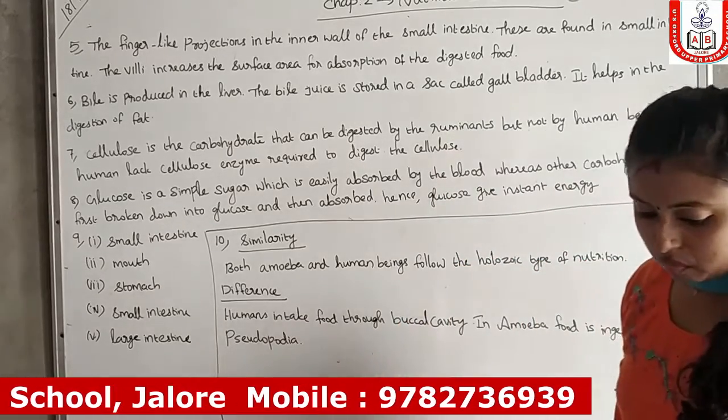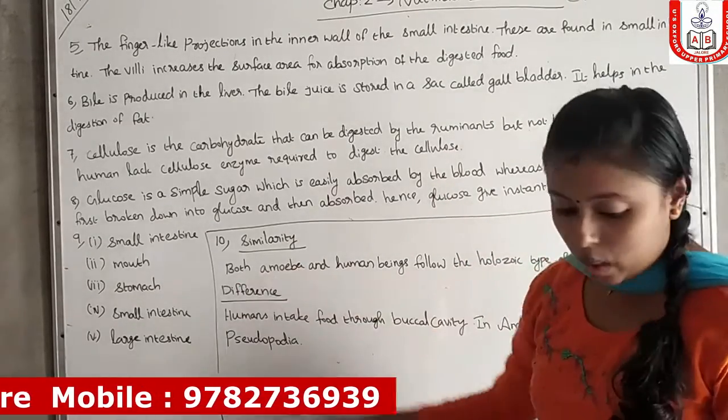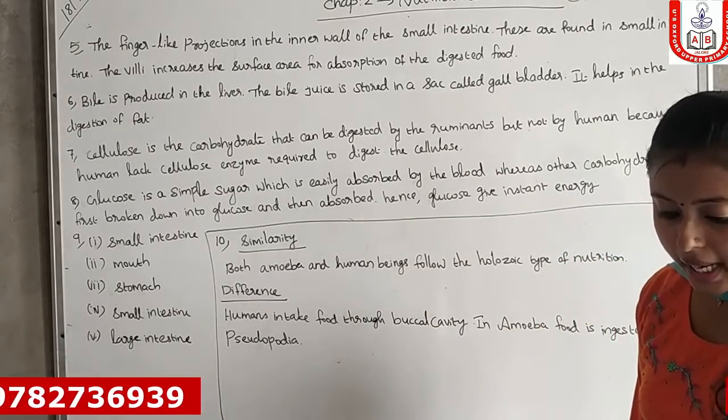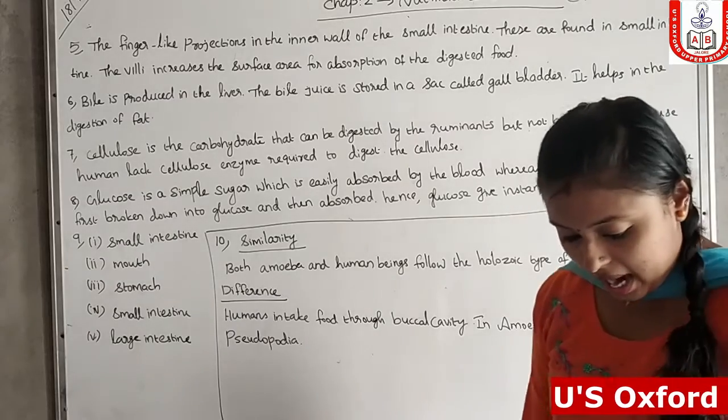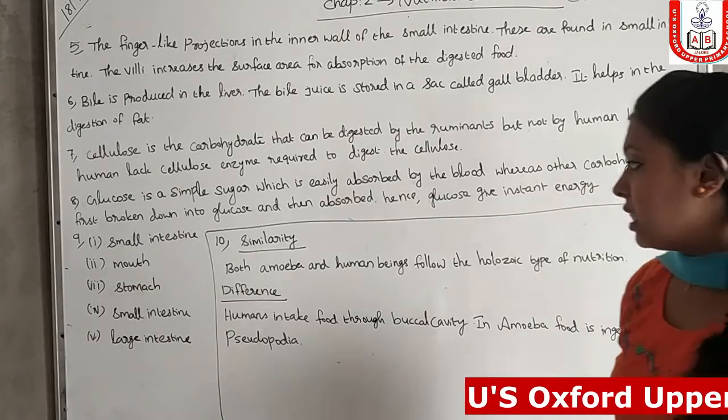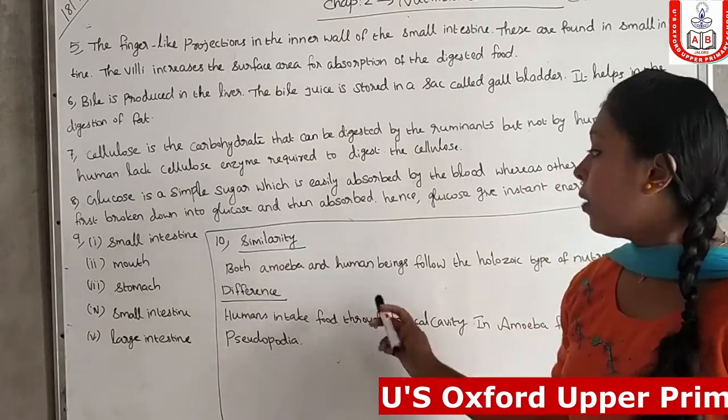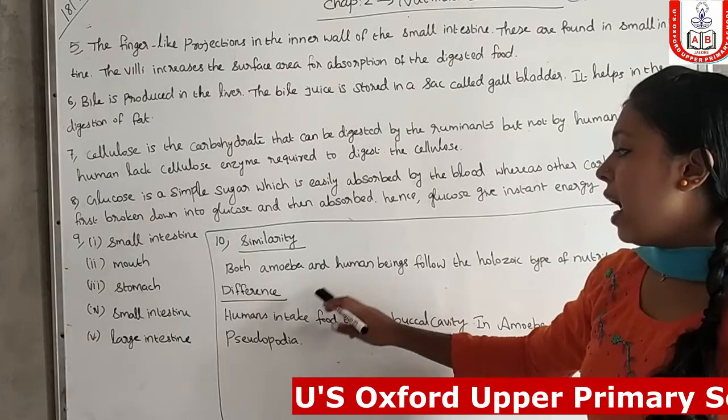Next one, question answer. 10th one, write one similarity and one difference between the nutrition in amoeba and in human beings. This is the similarity for human beings and amoeba, and this is the difference.